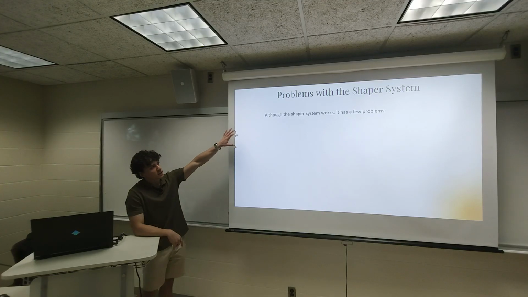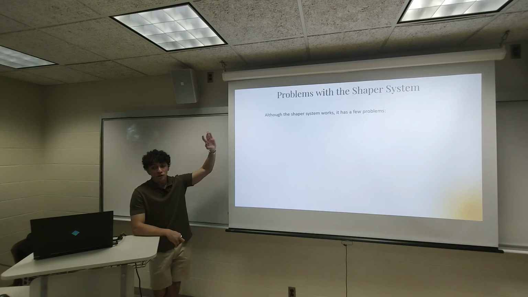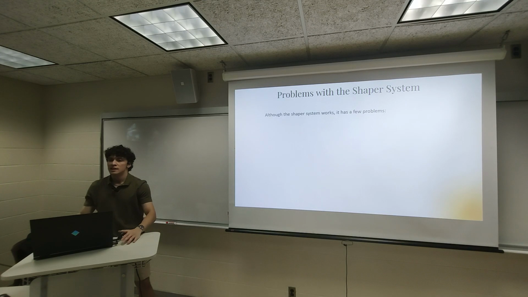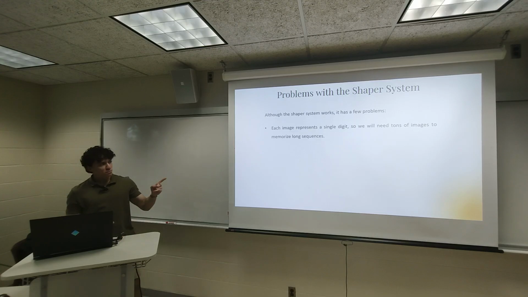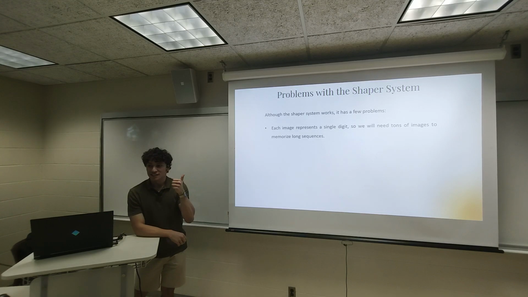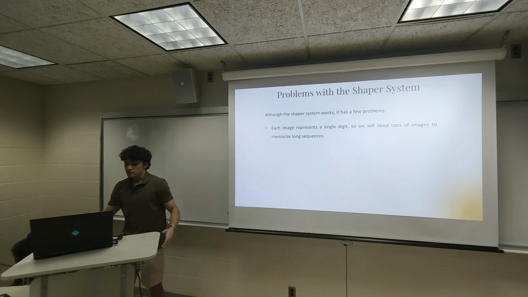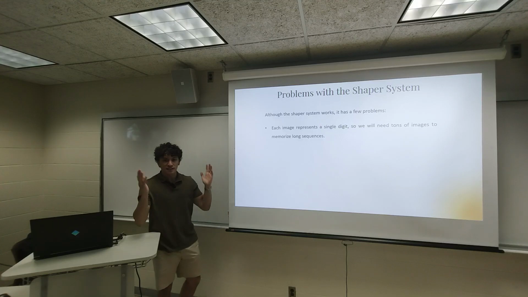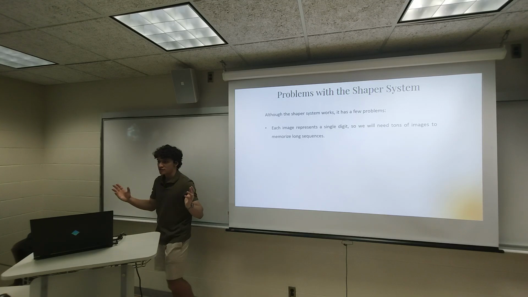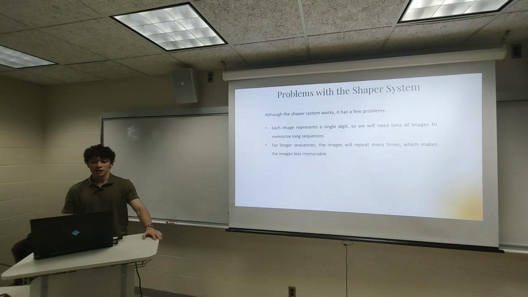So here's the thing: the shaper system is very cool, but it has some problems. The first problem is that each image represents a single digit. So we will need tons of images to memorize long sequences of digits. If you wanted to memorize, let's say, 1,000 digits of pi, you would need 1,000 images, which would be very, very long.